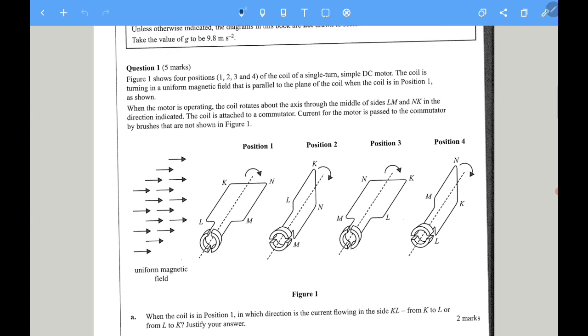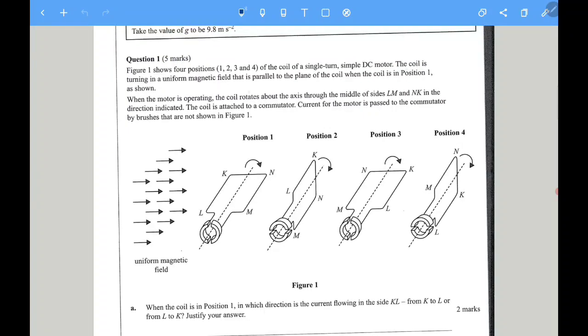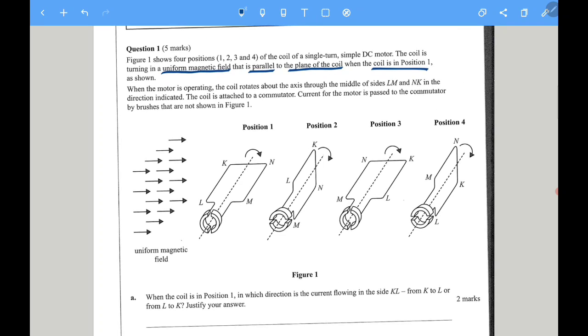All right, so we have a DC motor question here. We have 4 positions of the DC motor as shown, submerged in a uniform magnetic field. Our coil is turning in the uniform magnetic field that is parallel to the plane of the coil when the coil is at position 1, and then it rotates in a clockwise direction.